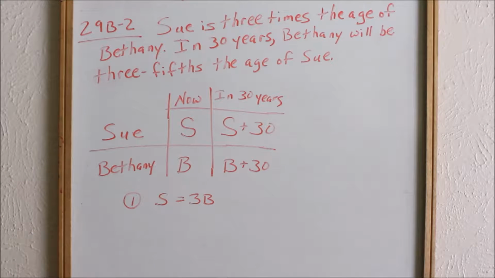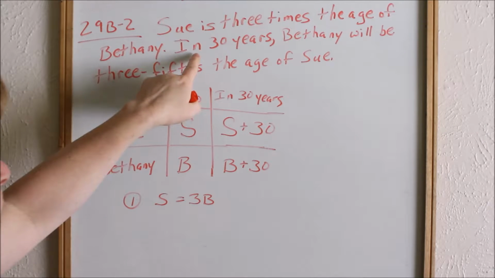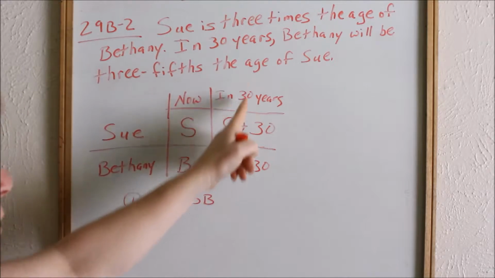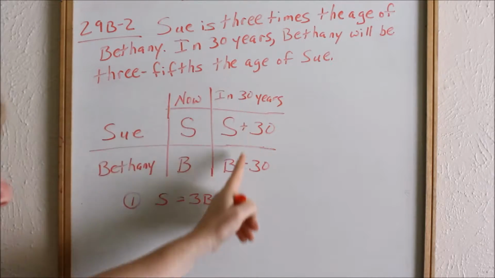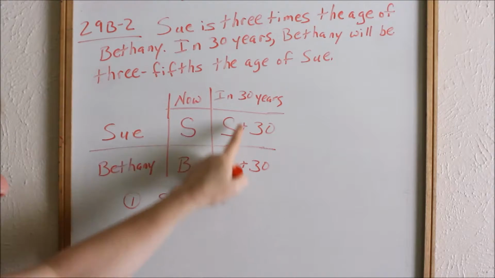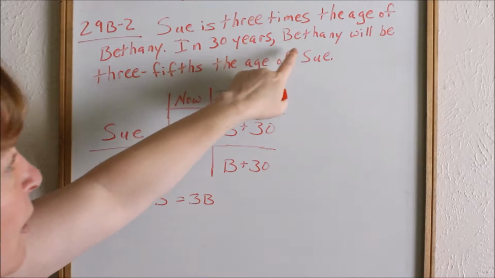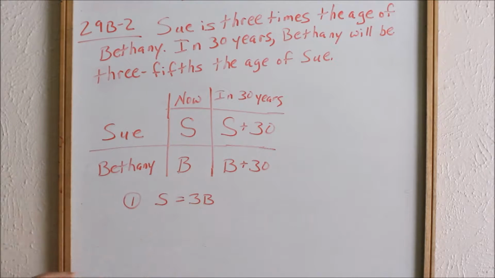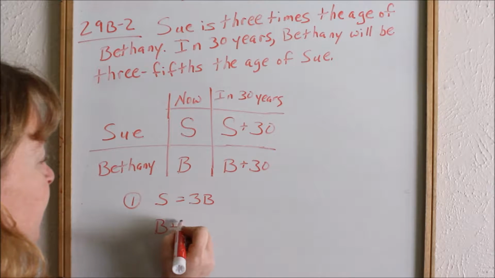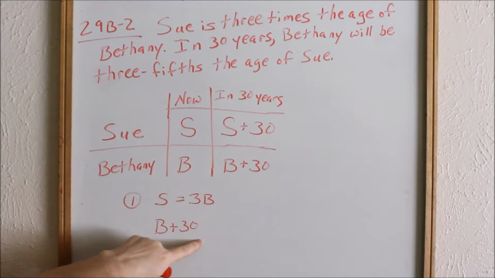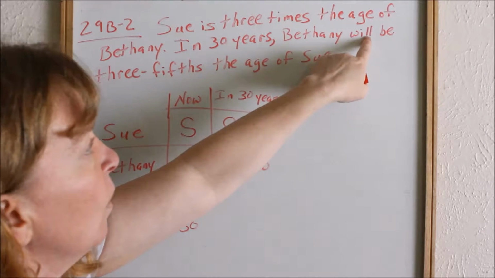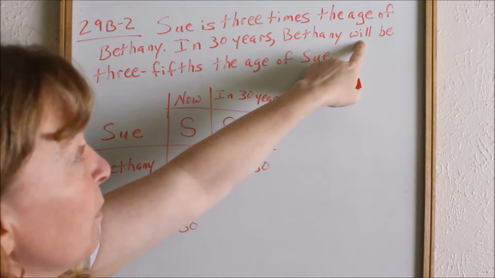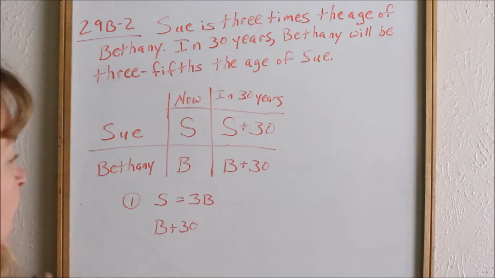So I go to my second part of the problem. So in 30 years, now we're looking at in 30 years, so that means we're going to be using this column of information. In 30 years, Bethany, how old is Bethany in 30 years? B plus 30. So this represents Bethany's age. Bethany will be, what did we say will be is in math? The key word up there at the top, equals.